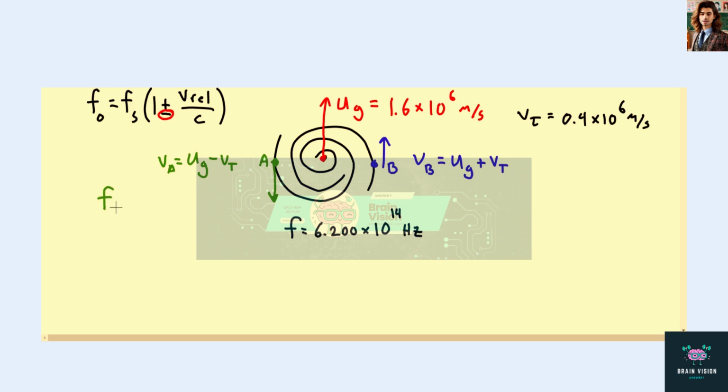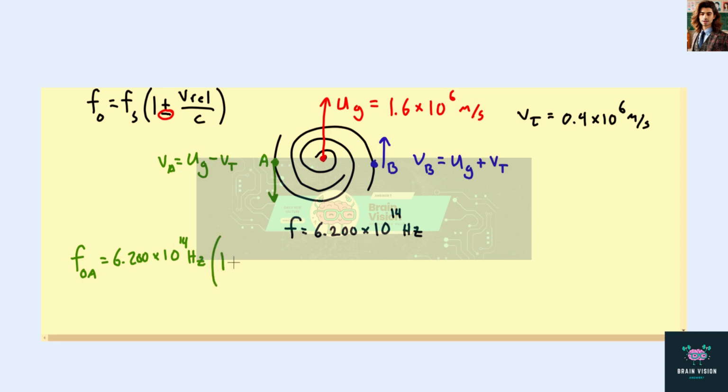So the frequency observed for A is equal to 6.200 times 10 to the 14 hertz.